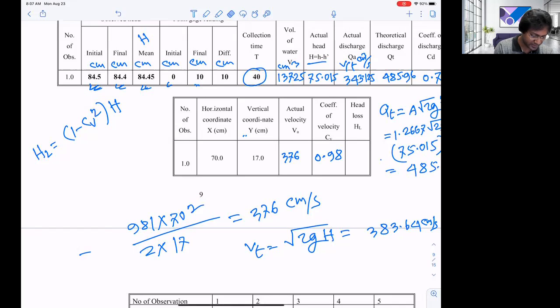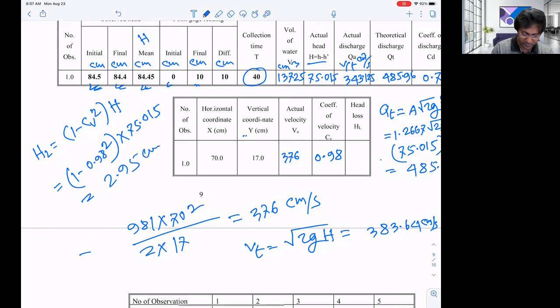So 1 minus 0.98 squared, multiplied by the actual head, 75.015. So that is the head loss, 2.95 centimeter. These are all centimeter per second.